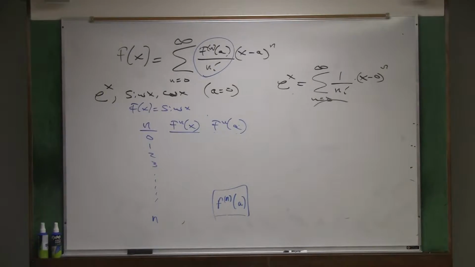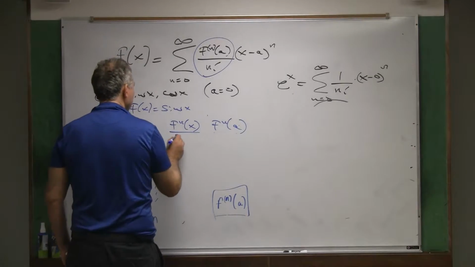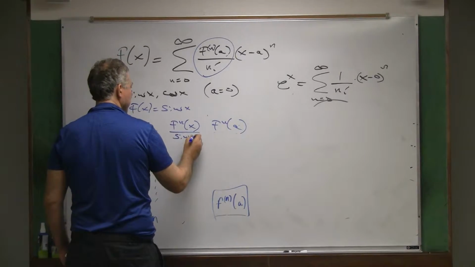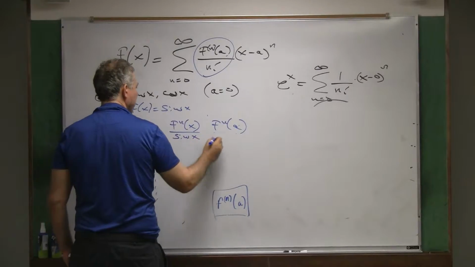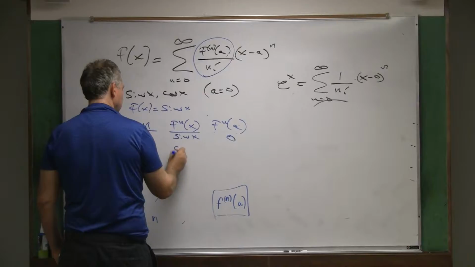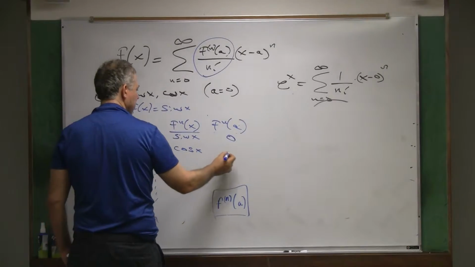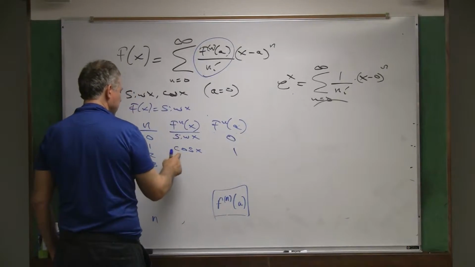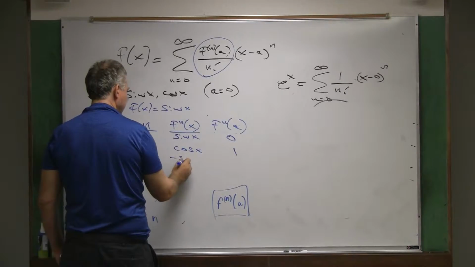Let's look at the pattern. So here it's sine x. What's sine of 0? 0. What's the derivative of sine? Cosine. What's cosine of 0? 1. What's the derivative of cosine? Minus sine.